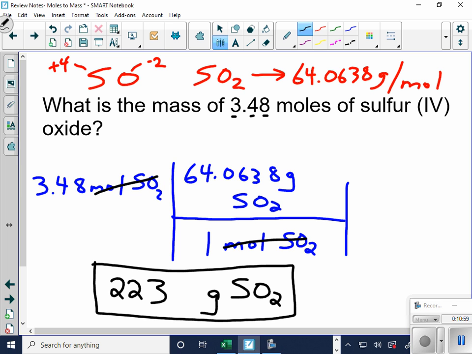So what does this actually tell me? If I were needing to get 3.48 moles, I would have to measure out 223 grams of sulfur 4 oxide.